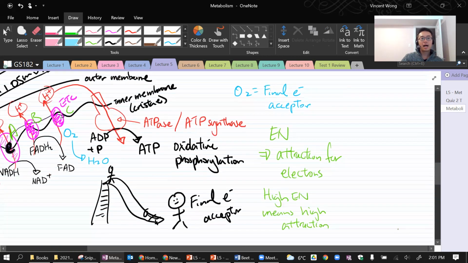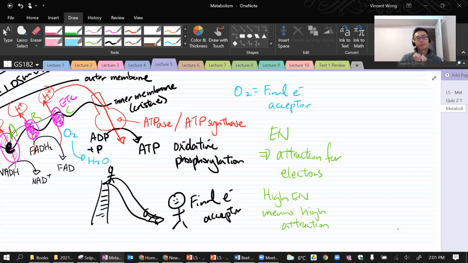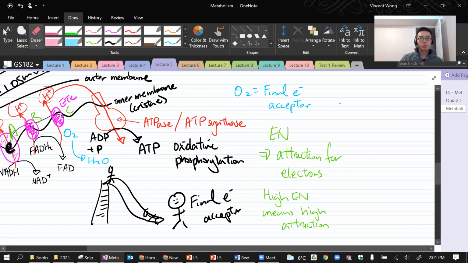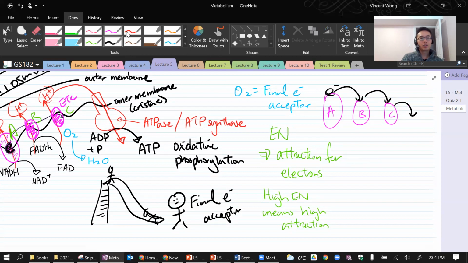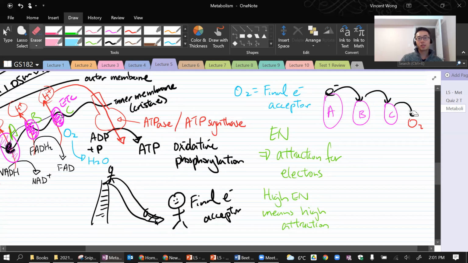So if something has high electronegativity, it really wants to grab onto the electron. Let's take a look at our ABC proteins, A, B, and C. We start with the electron here. The electron is going to pass on to the next one and to the next one, and finally to oxygen, the final electron acceptor. So in this order, which one has the highest electronegativity?